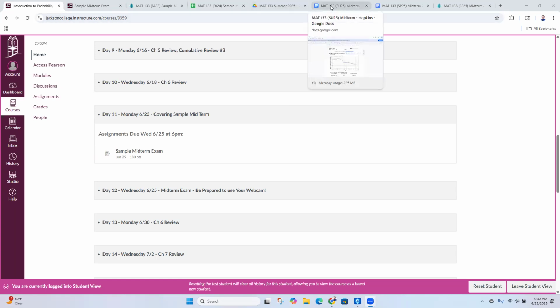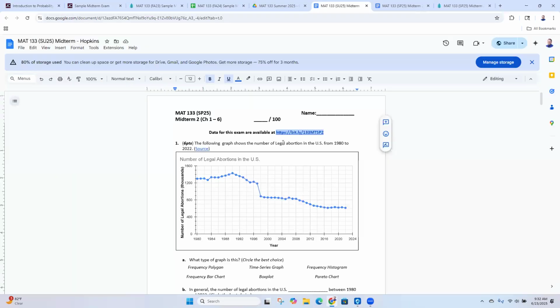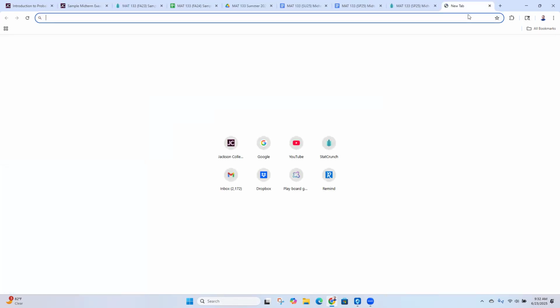On the midterm exam, you're going to get a paper copy that'll look like this. At the very top will be a link that you're going to want to carefully type in, exactly as it says, https://.